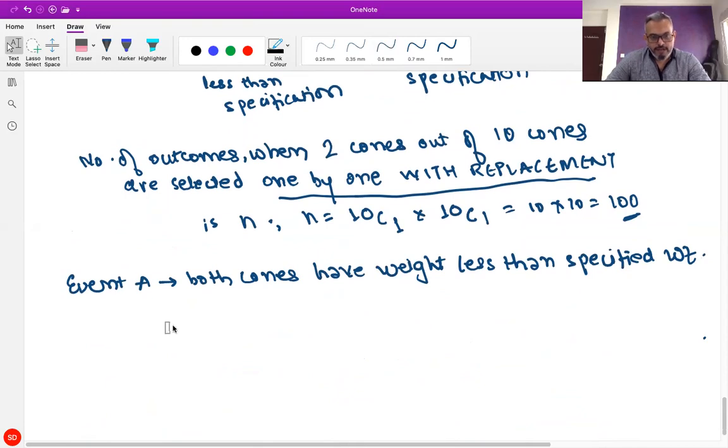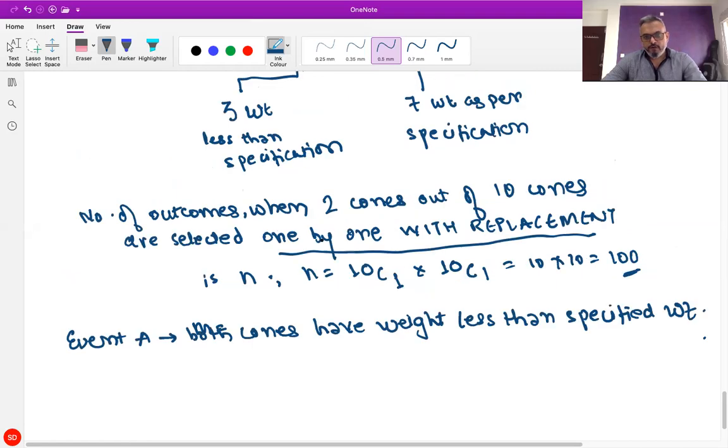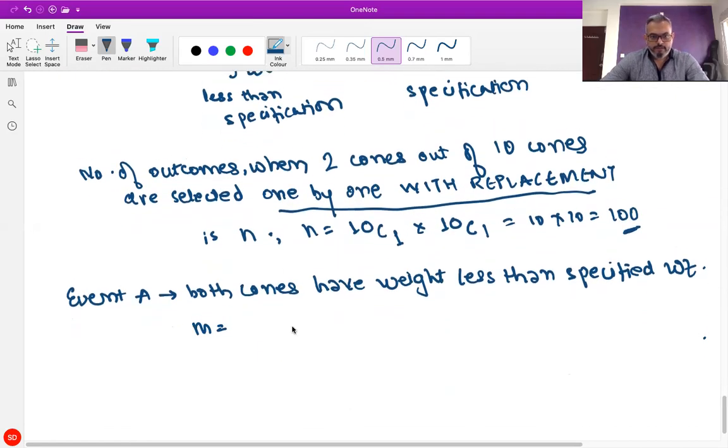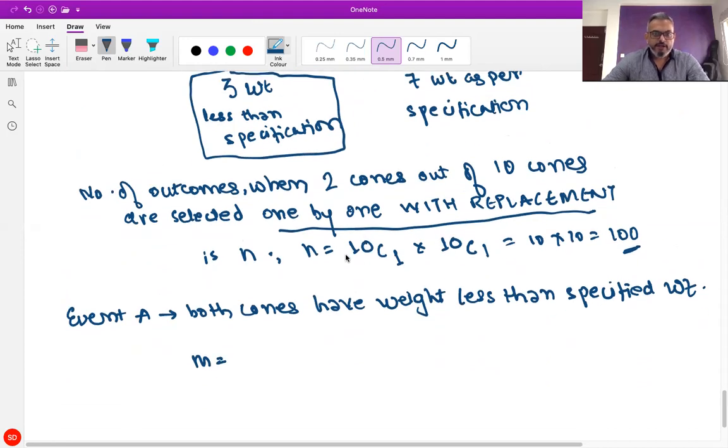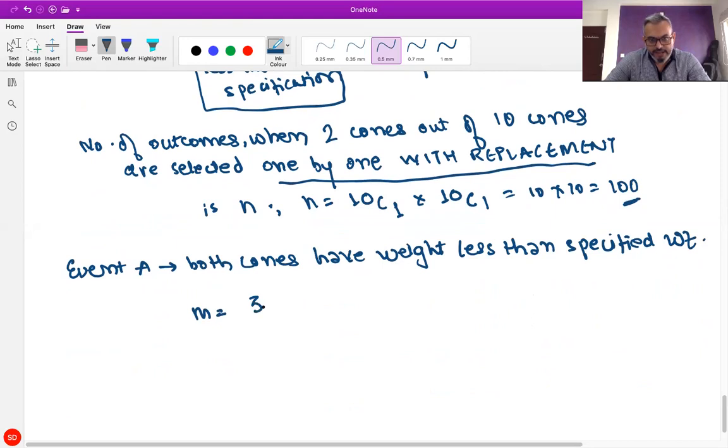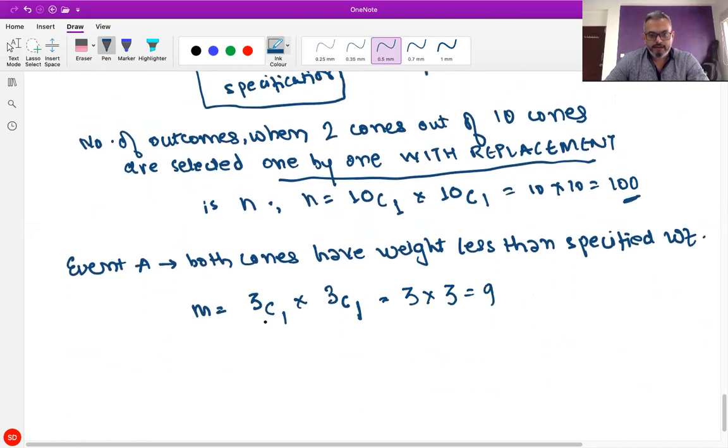So over here, m is equal to now अब जो कोन है उसमें 3 कोन ऐसे हैं जो इसका वेट लेस देन स्पेसिफाइड है, तो हमें ये 3 में से पहले एक सिलेक्ट करना है, उसके बाद ये जो सिलेक्ट किया उसको हम वापस रख देंगे, तो वापस जो सिलेक्शन होगा वो भी इस 3 में से ही होगा. सो 3C1 into 3C1 which is 3 into 3 which is equal to 9.